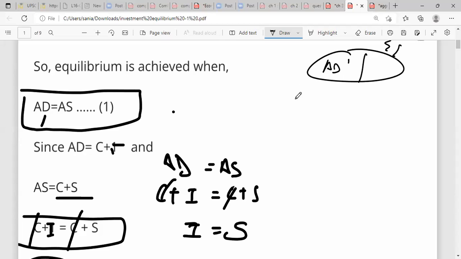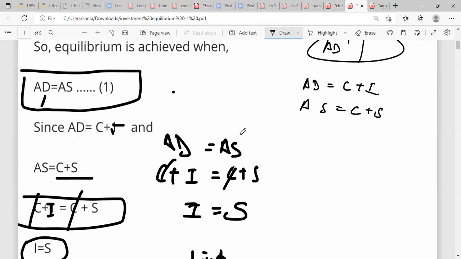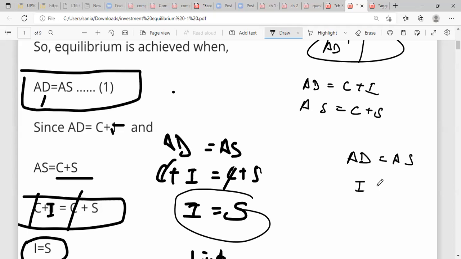AD is also written as C plus I and AS is also written as C plus S. So AD equals AS means C plus I equals C plus S. C and C they will deduct. What will remain? I and S will remain. So you can write it as AD equals AS, or you can write I equals S. Both are the same thing.